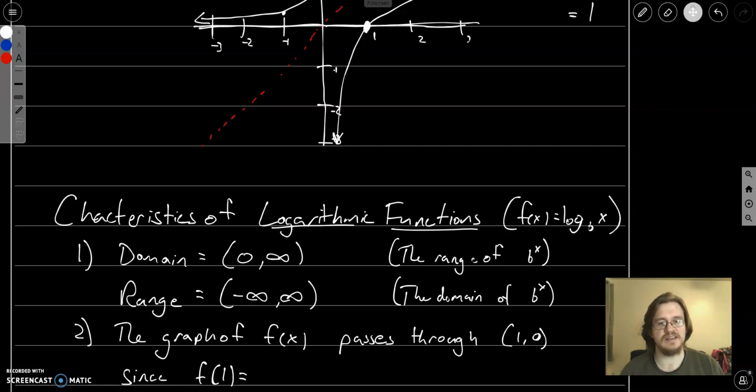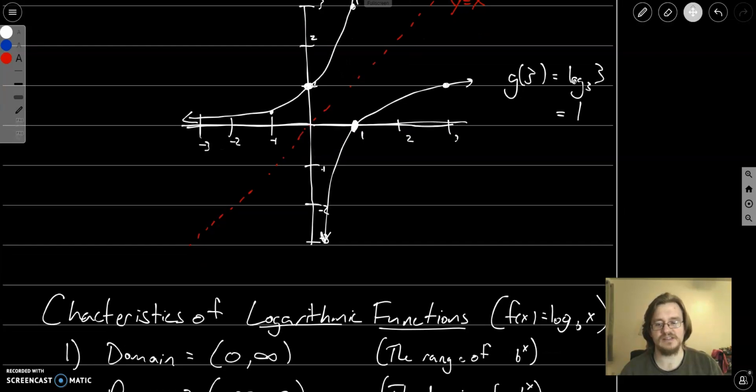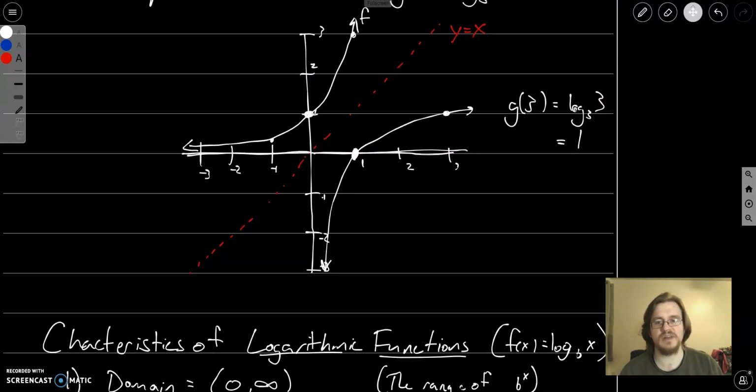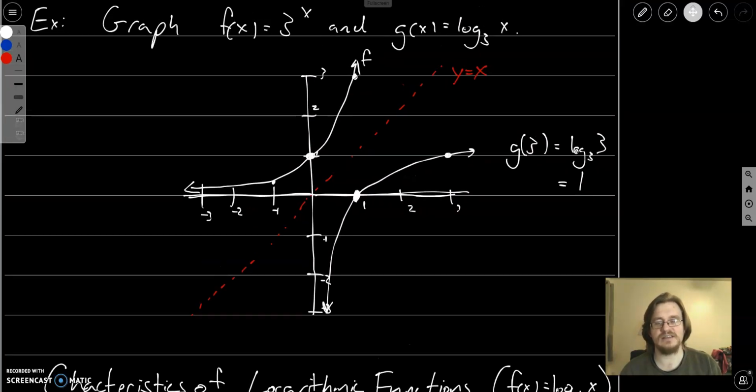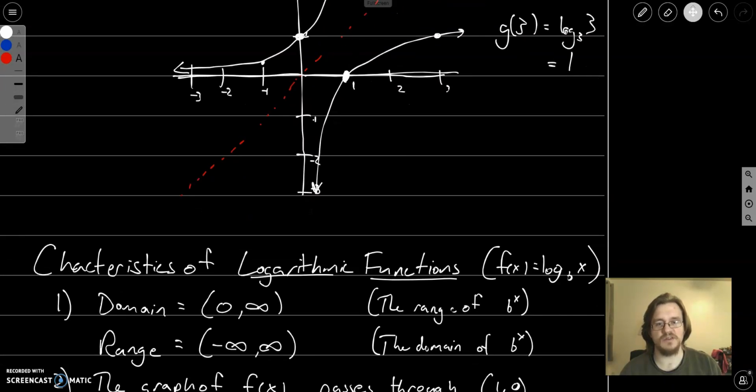So for instance, the exponential can only have positive y values, only positive heights, so the range of the exponential is all the positive numbers. And likewise, the domain of an exponential, we can plug any number into this function that we want. So that means that the range of the logarithm is going to be any number.